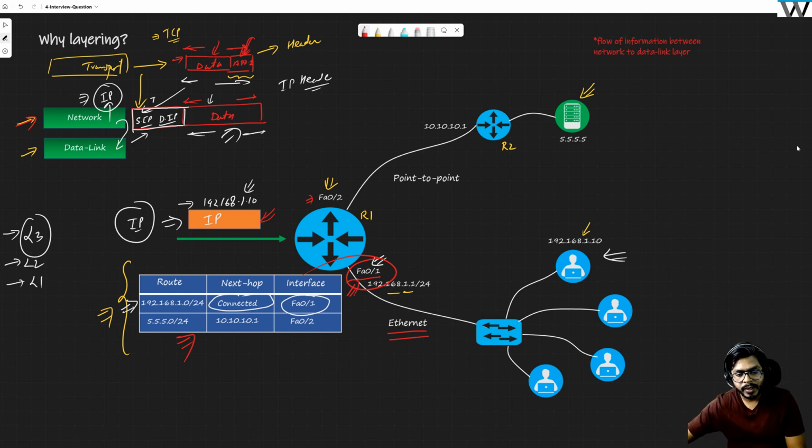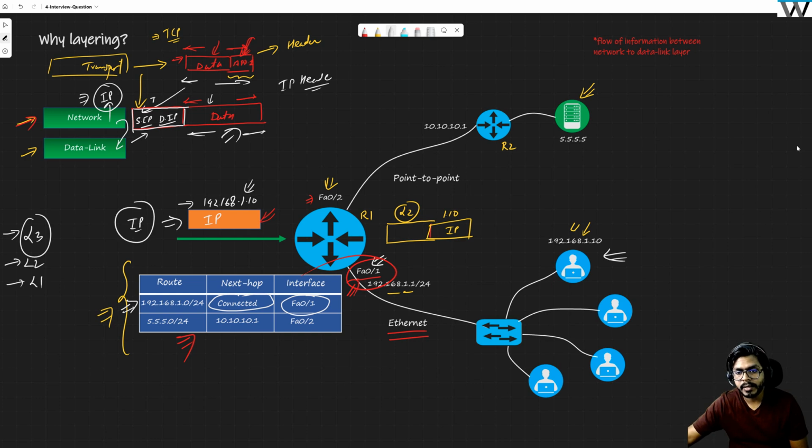So as you know, if you are delivering this IP packet, let me draw it with the yellow color. Suppose this is my IP packet, which has a destination of 192.168.1.10, which is here. So the router knows I need to forward it to FA0/1, but can it forward it? No, unless it puts here another header, which is your L2 header, which needs the presence of a MAC address, right?